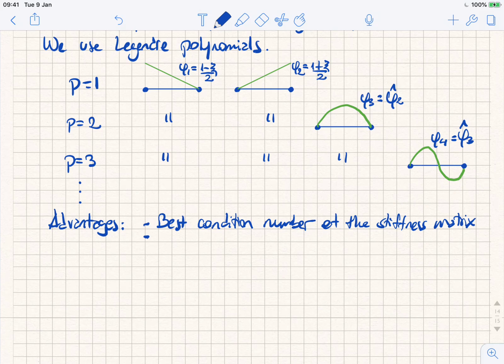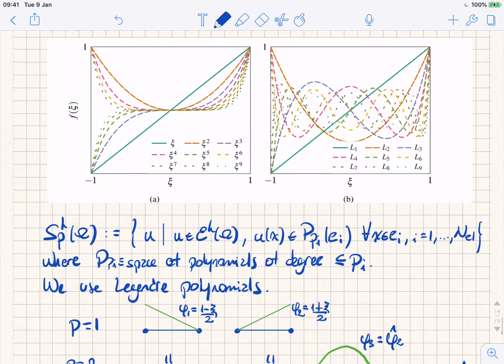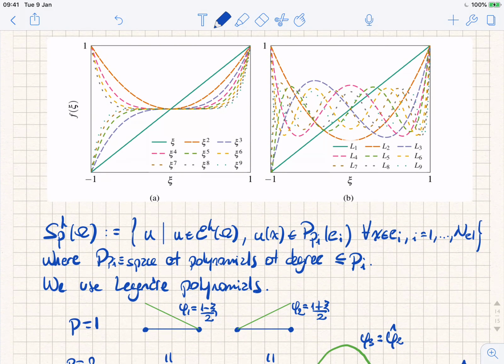Could you describe what you mean with the first advantage? Yeah, so what we said earlier is that if you look at the shapes of these polynomials, they are orthogonal. That means that when you are going higher in polynomial order, you are indeed introducing new behavior.